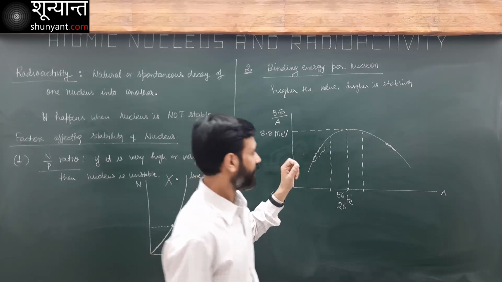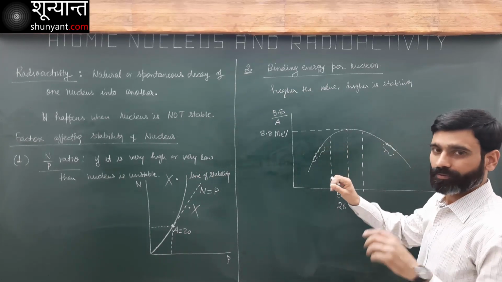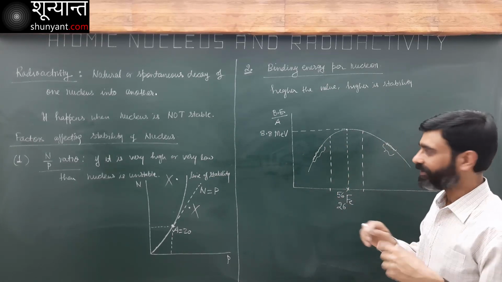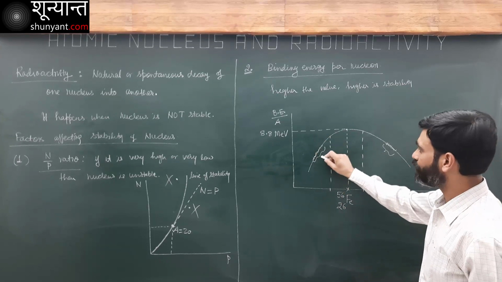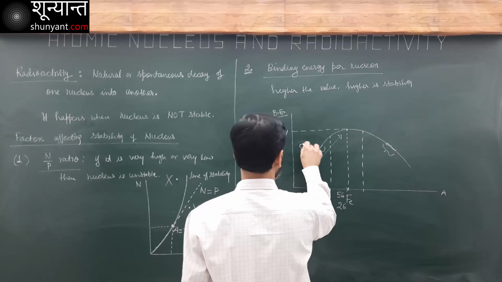Now, to achieve stability, two light nuclei will fuse into a heavier nucleus. This is known as fusion.